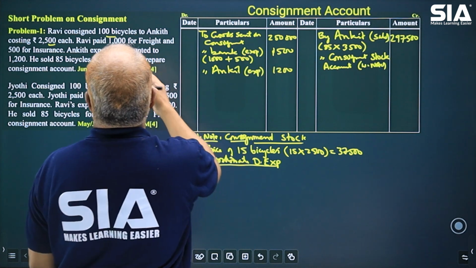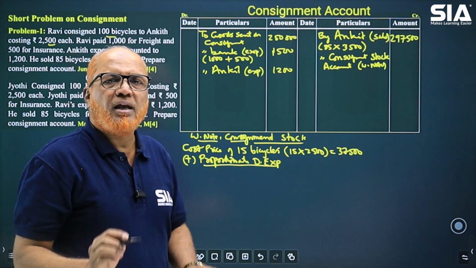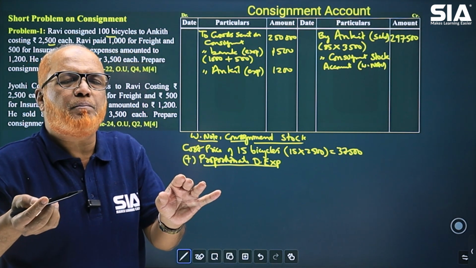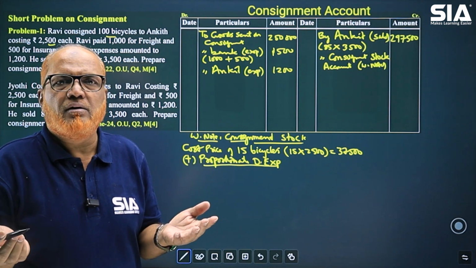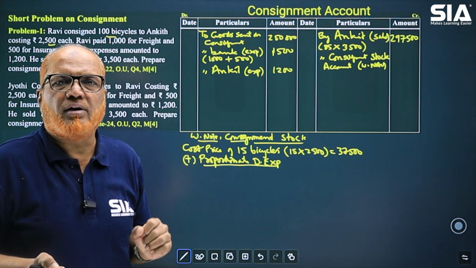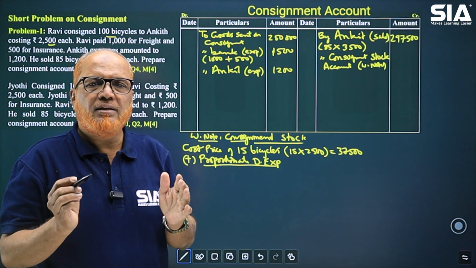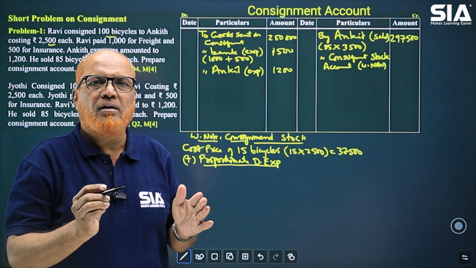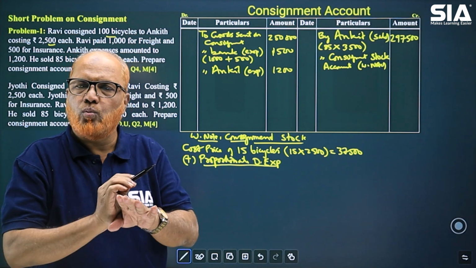It is given in the problem. 1,000 for freight and 500 for insurance. Nothing is given regarding the expenses paid by consignee, whether it is direct or indirect. Only consignee expenses are given. So we should make an assumption that the expenses paid by the consignee are recurring expenses. Indirect expenses we should not take.